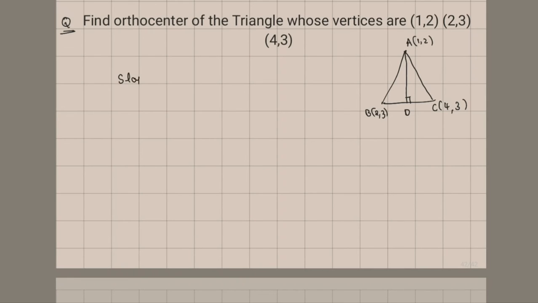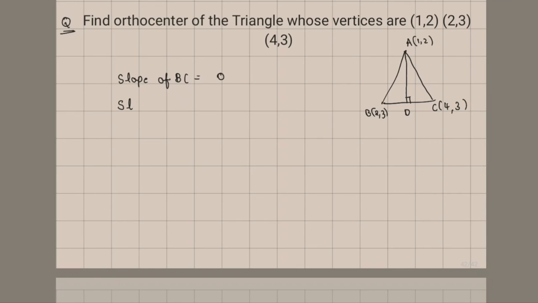The slope of BC is y2 minus y1 by x2 minus x1, which is 3 minus 3 equals 0. As the slope of BC is 0, that means it is parallel to the x-axis.